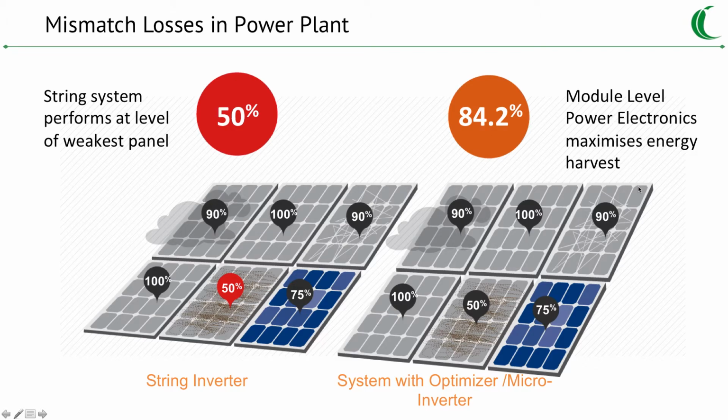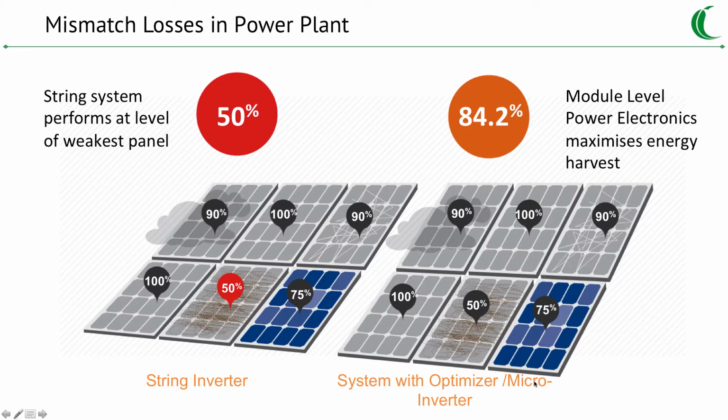But when you have module level power electronics, that is systems with optimizers or microinverters, they have the ability to extract maximum power at a module level. In optimizers you have the MPPT at a module level, and in microinverters you have the microinverter at a module level, leading to maximum power extraction from each module.